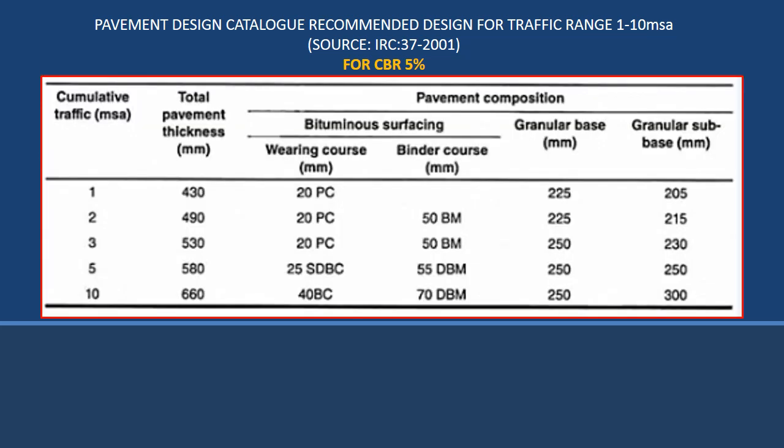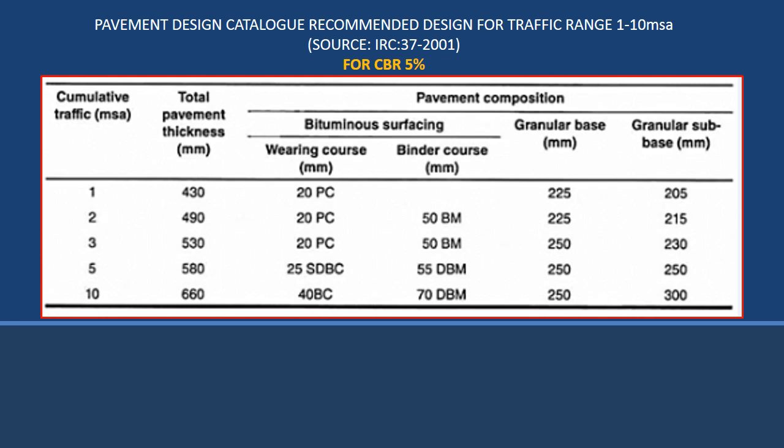Now, the first column is the cumulative standard axle value. Then the total pavement thickness, in millimeters. Then the third column is bituminous surfacing, with the wearing course column and the binder course column, then the granular base column, then the granular sub base column.